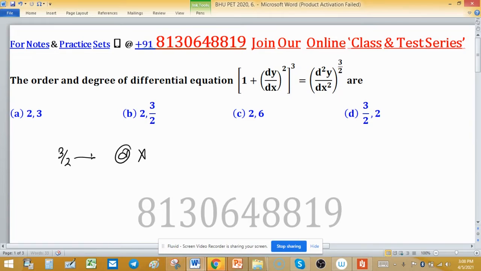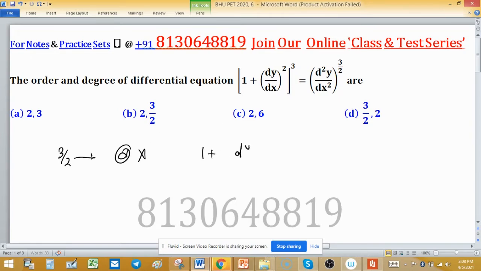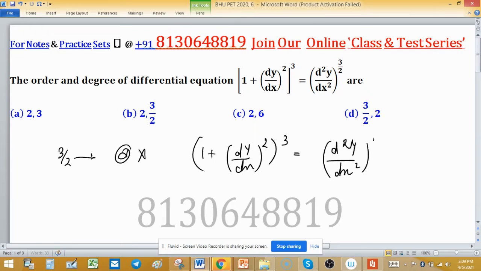Keep in mind that order and degree can be easily found when the given differential equation is free from radicals. This differential equation is (1 + (dy/dx)^2)^3 equal to (d2y/dx2)^(3/2). To remove this radical part or fractional power, we square both sides of the differential equation.